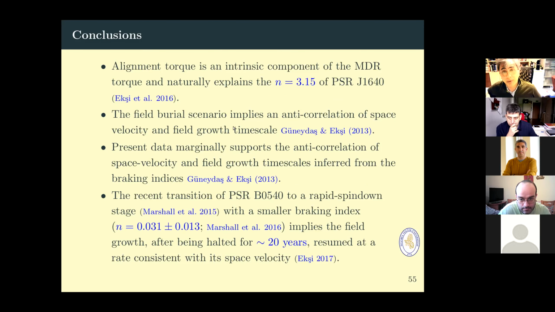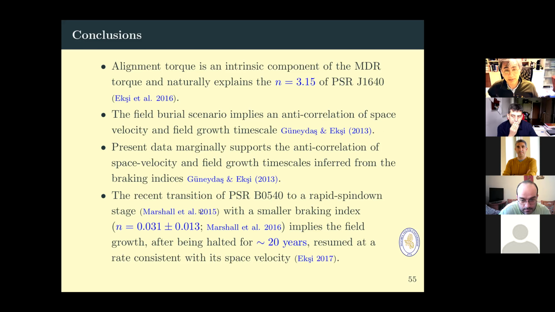And the field burial scenario implies anti-correlation of space velocity and field growth timescale. This is a question asked to nature whether this field growth or field burial scenario is correct, and the answer is promising, although the number of data is very small, so it's just a marginal support.